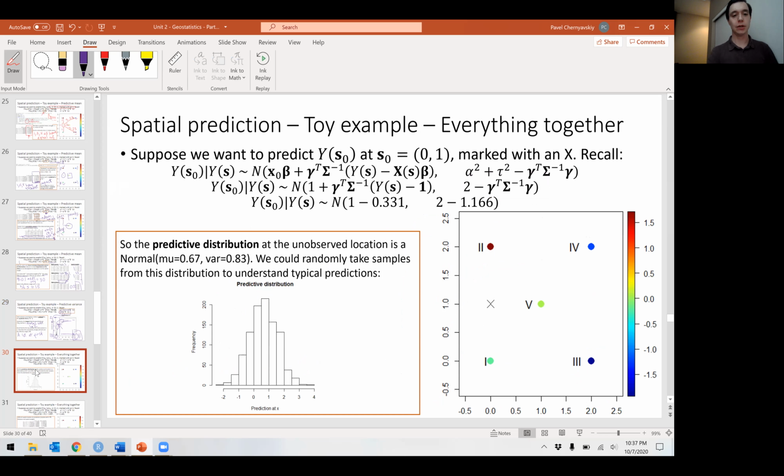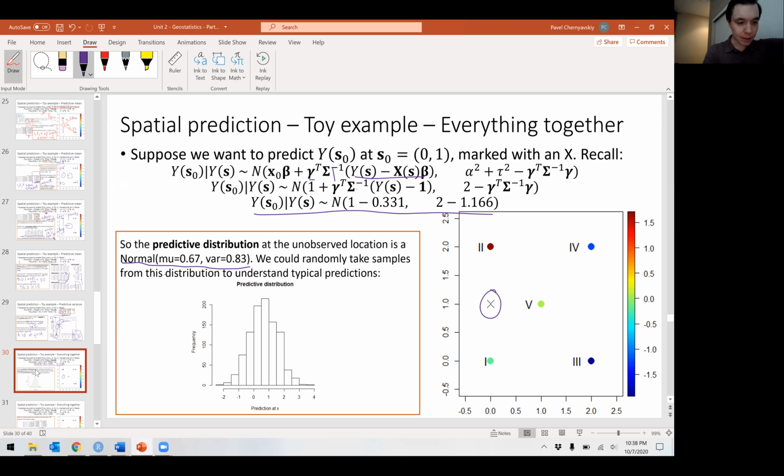Okay, so we're still trying to predict this point at x. If I plug in my numbers by incorporating the distances between x and all my observed values, by the fact that 5 doesn't count as a separate data point, 5 shares all of this information among all the data points, and finally weighting all of my residuals by these spatial weights, I get my predictive distribution at my observed location.